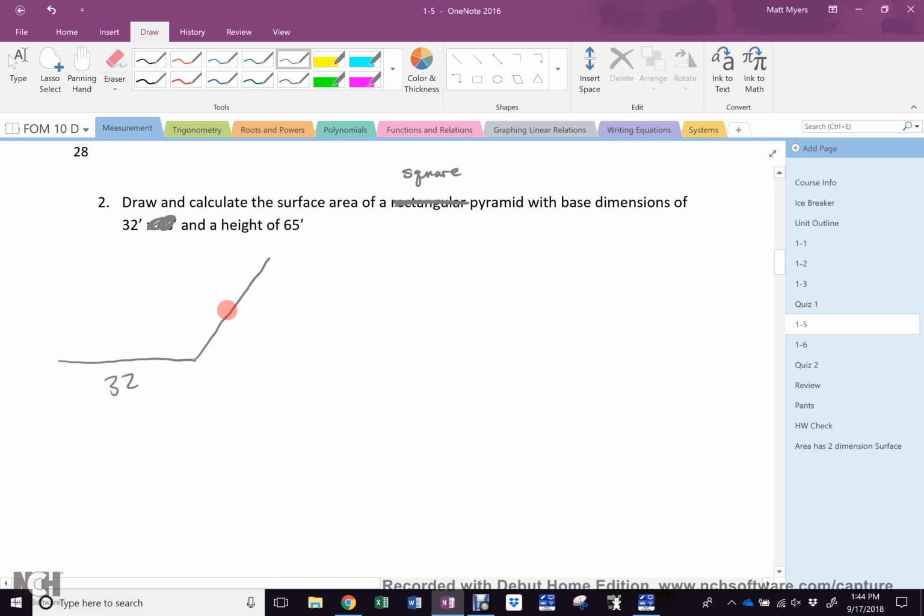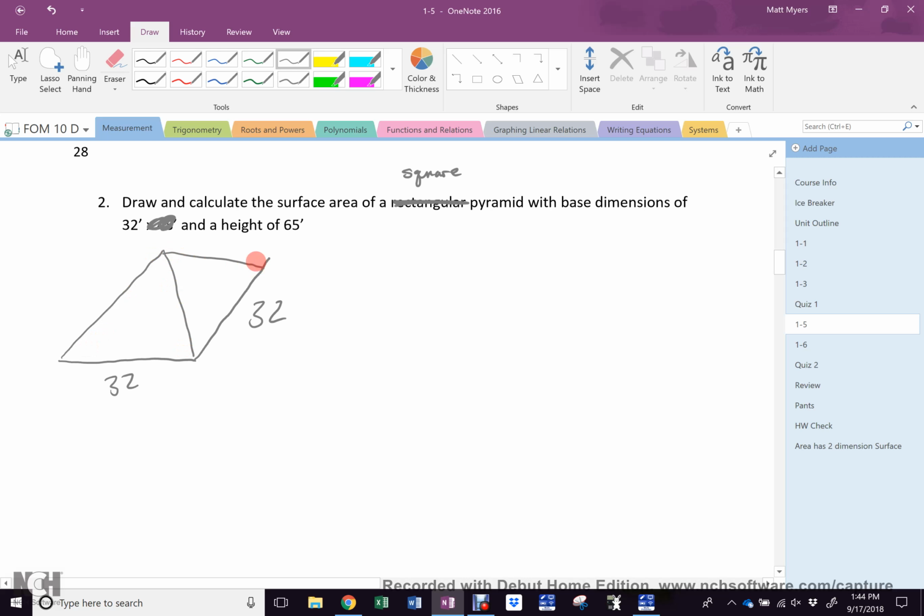How long is that side? 32. The base dimensions are 32 feet. So we start from 32. Everyone agree? And since it's a pyramid, it's going to go up to a point. Everyone agrees? Okay. Now, you draw a triangle on the front and then just connect back to here.